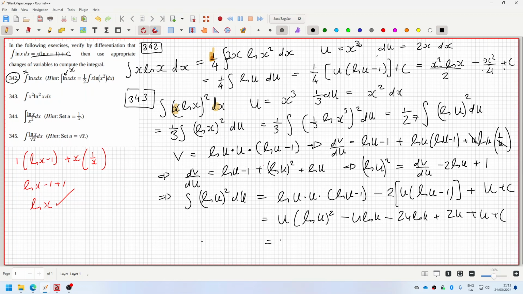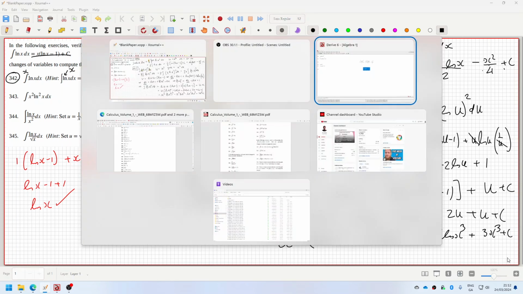So that would be x cubed log x cubed squared minus x cubed log x cubed minus 2x cubed plus 2 log x cubed plus 3x cubed plus c. Is that even possibly right?